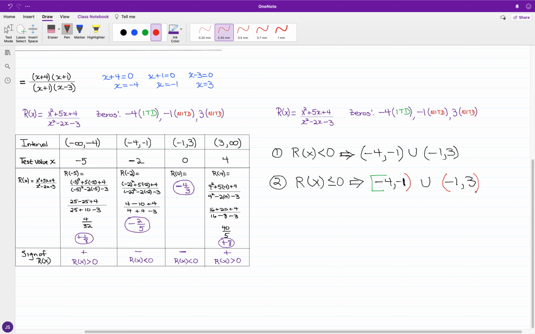So again, just doing a bit of color coding: bracket in green for in the domain, and not in the domain I have red, with those enclosures around -1 and 3.